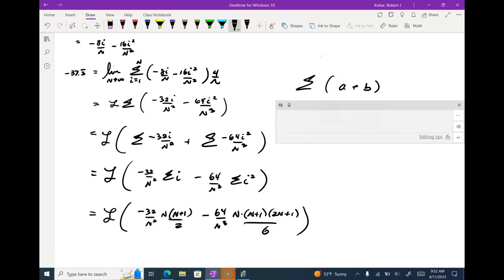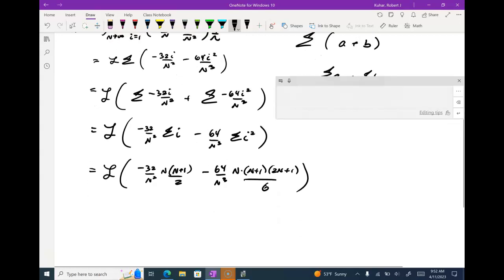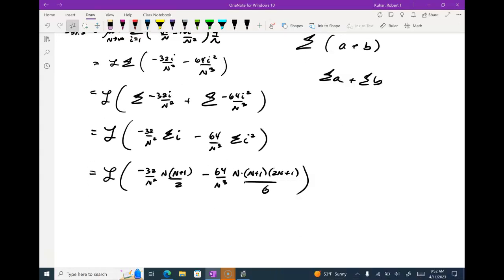I want to cancel and distribute as much as I can. So I see that my 32 and my 2 cancel to 16. My n and my n squared cancel to n. Over here, the n and the n cubed cancel to n squared, and the 64 and the 6 cancel to 32 over 3.